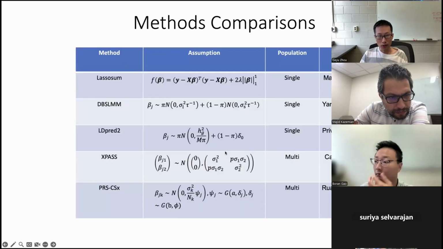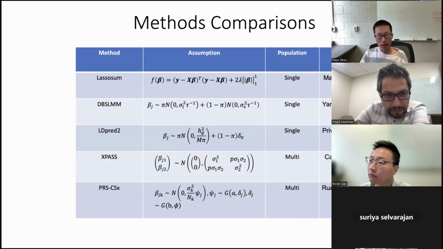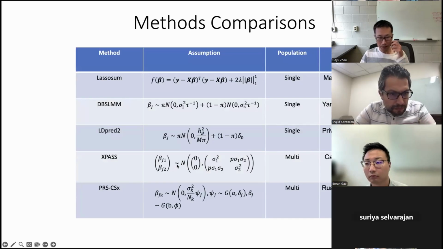In this project, we compare our newly developed Dirichlet process model with some other methods. The first three methods are all based on single populations, which means they only use the data from the non-European populations to fit the model. The last two are multi-population methods, but the assumptions they make are a little different from ours.